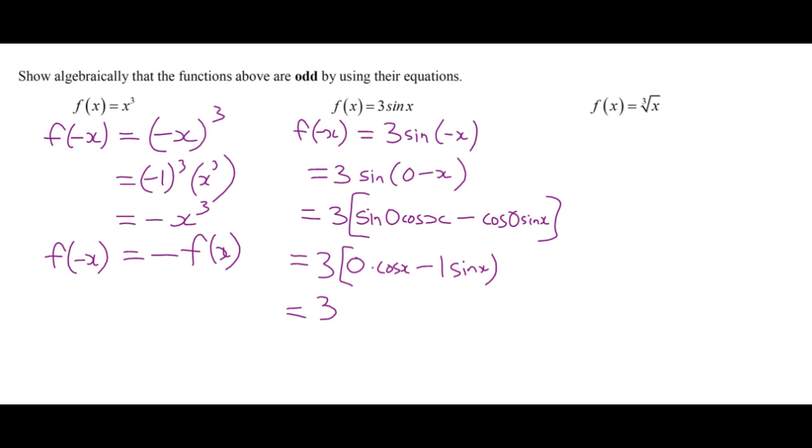So it's 3 times negative sine x. Let's just call it negative 3 sine x, which is the negative of f of x. So f of negative x is negative f of x.